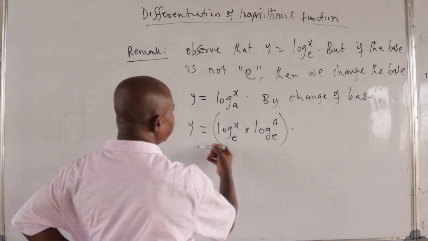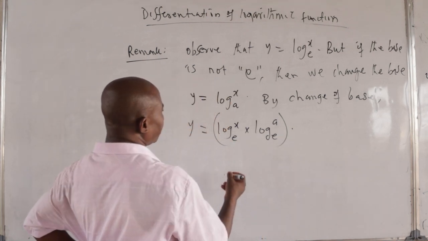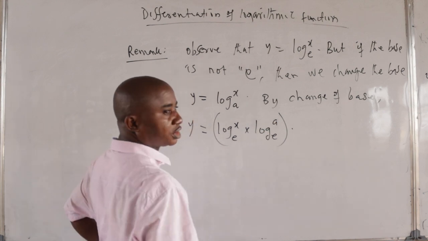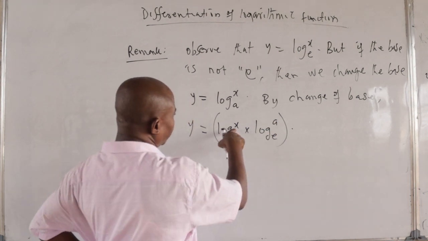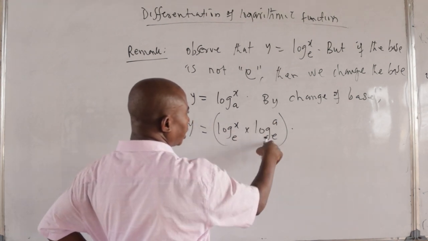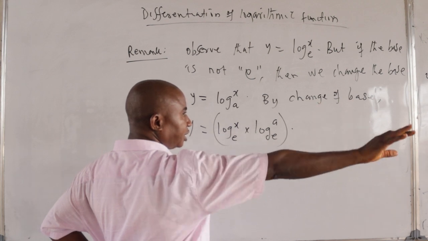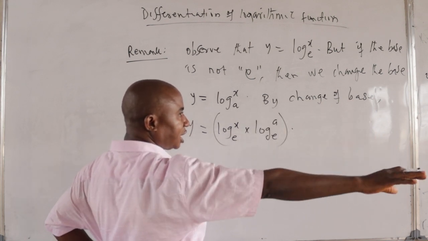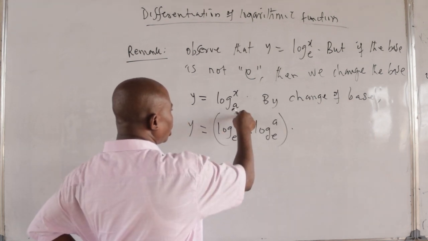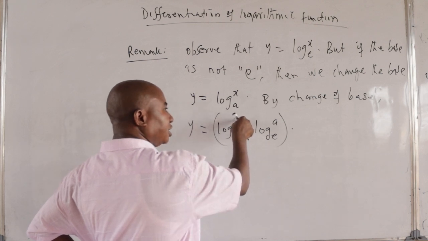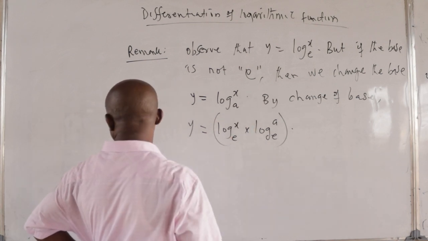Now it becomes easy for us to handle because this now is a product of two functions that are differentiable with respect to x. Here what we have is a constant, independent of x, and we know how to handle that. Here this is log x to base e, it depends on x. We know how to handle that also.